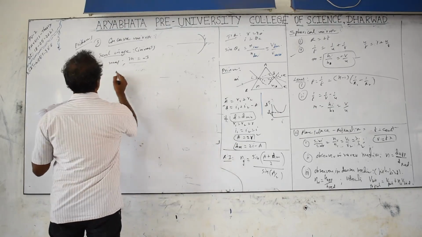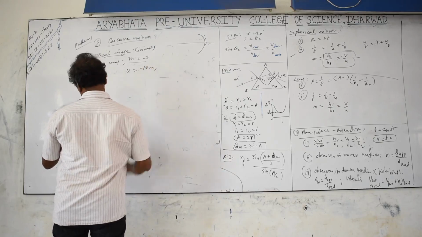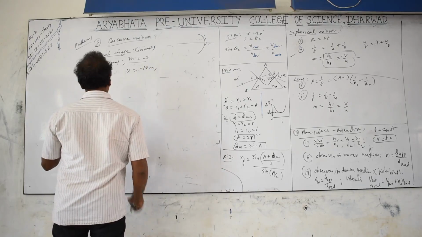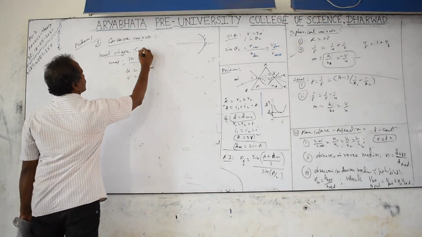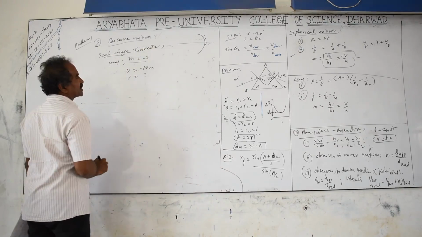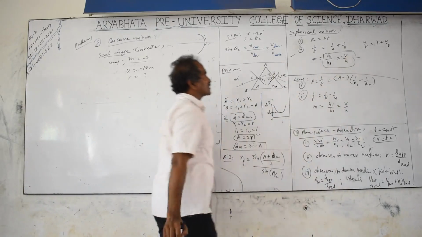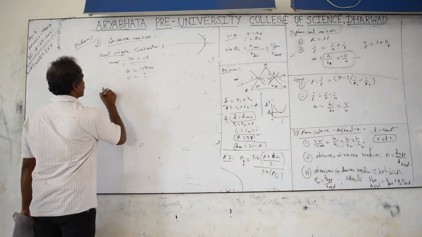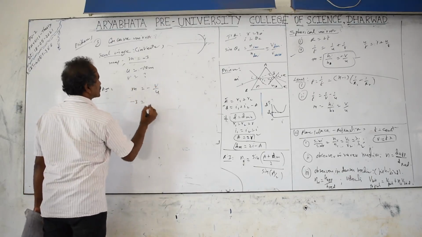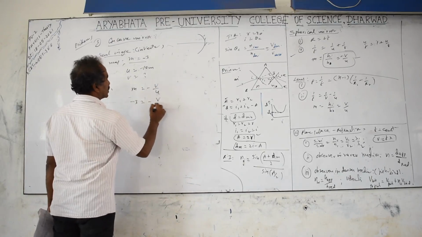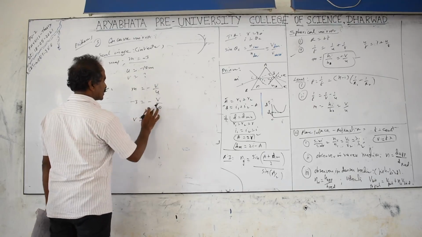Object distance u is 10 centimeters, meaning minus 10 centimeters, and we must find the image distance v. Real image means inverted image, so m equals -3. The relation between magnification, u and v is m equals minus v by u. So -3 equals minus v by u, with u equal to -10.